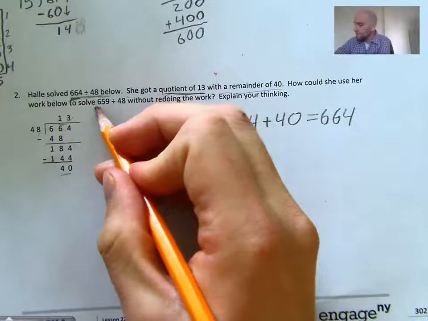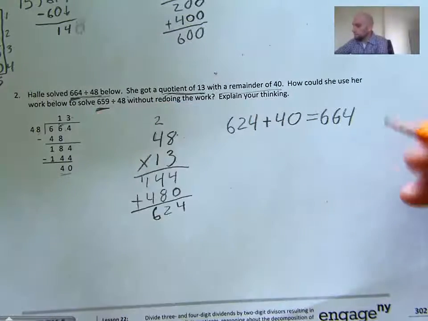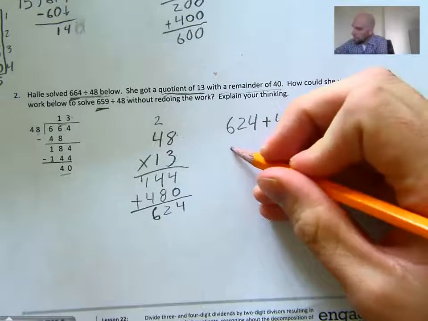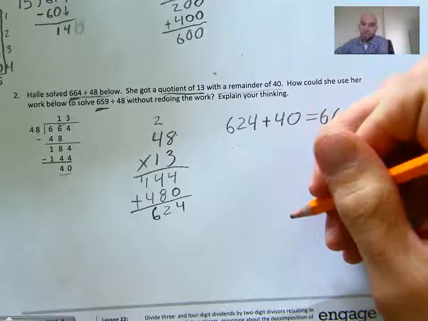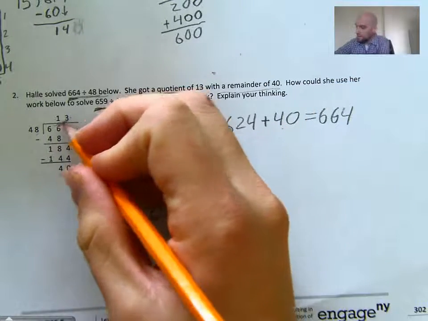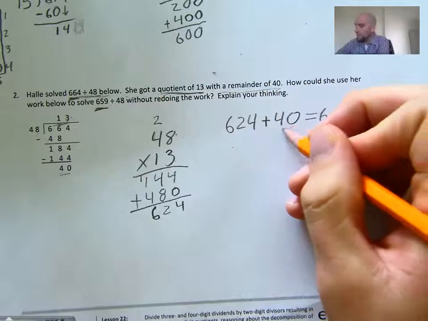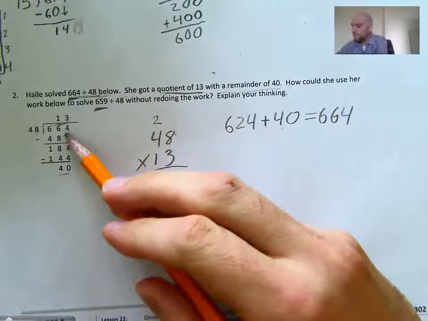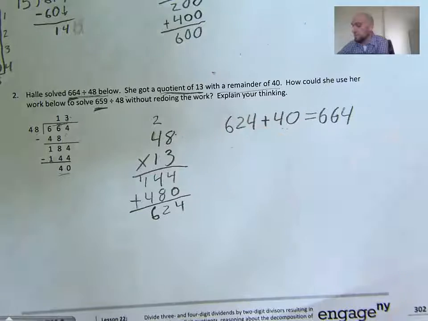But we don't want 664. We want to solve for 659. So if we want to figure out what the difference would be, well, it's not going to change this 13. It's only five different. The difference is only 5 between 664 and 659.